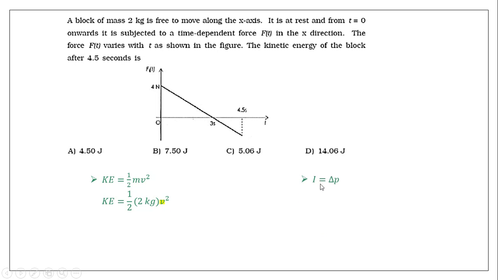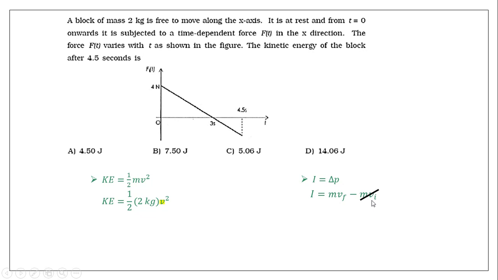Impulse, capital I here, is equal to the change in momentum. Well, the change in momentum is simply the final momentum minus the initial momentum. But momentum is composed of mass times velocity. Therefore, p_i here is just mass times the initial velocity. Well, I know the initial velocity is 0 because the problem says that it is at rest at time equal to 0.